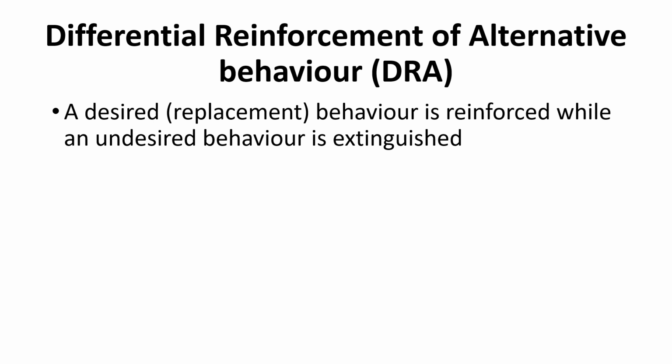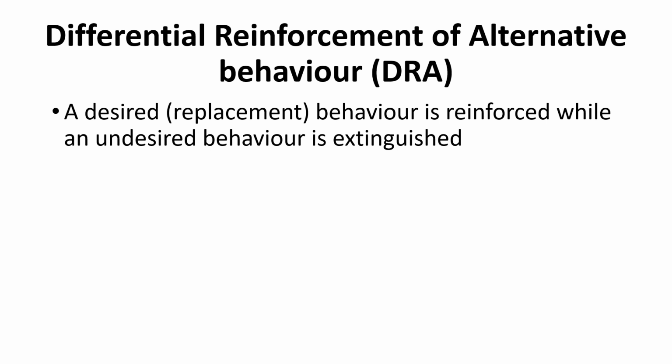Next type of differential reinforcement is the differential reinforcement of alternative behavior, or DRA. And this is where the textbook starts. This is the first one the textbook covers, but I kind of like building up to this one. For a DRA, we have a desired or replacement behavior being reinforced while an undesirable behavior is being extinguished.